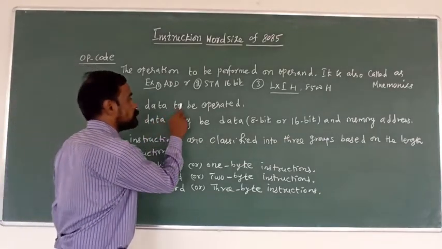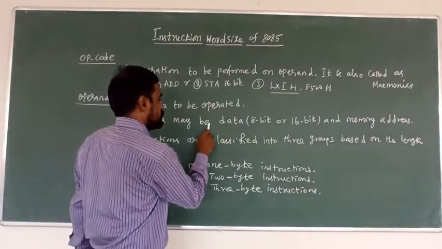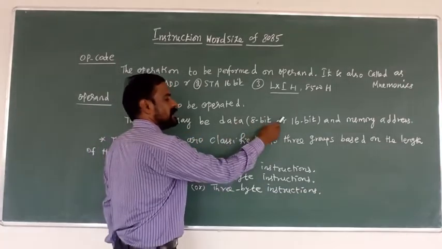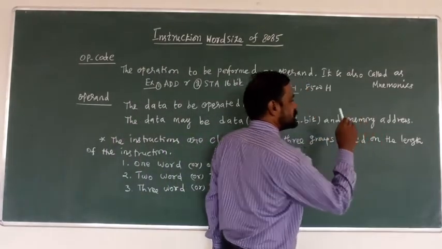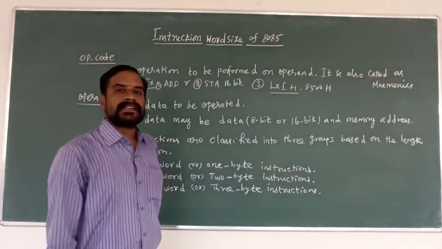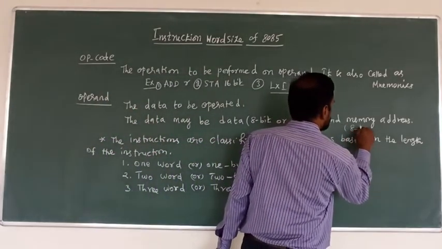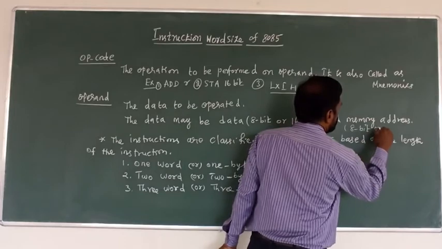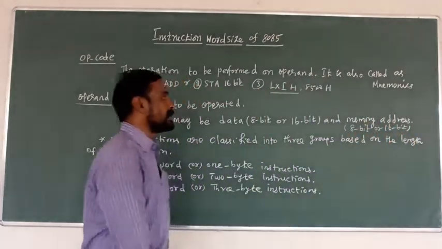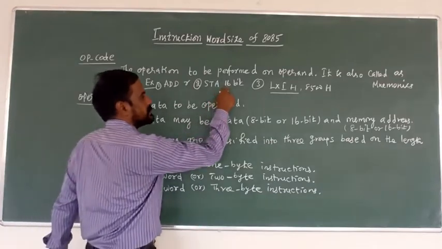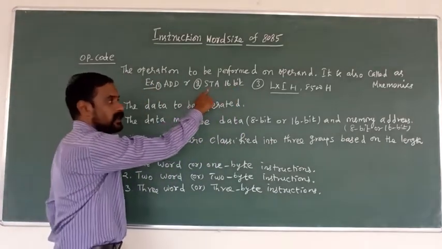The data may be 8-bit or 16-bit, and the memory address either 8-bit or 16-bit. This is called operand.